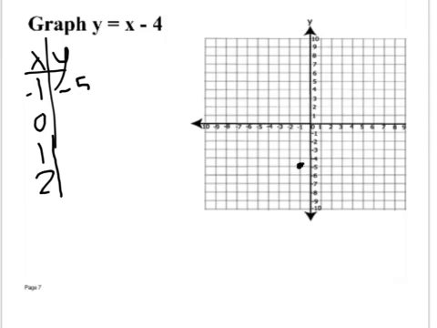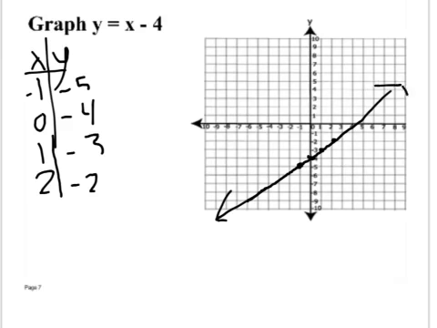Zero in there for x, that means y equals negative 4. You put 1 in for x, you get negative 3. Put 2 in for x, you get negative 2. Everybody see how I did that? Could I draw a line? Yeah. Okay, so that's one way of graphing it.